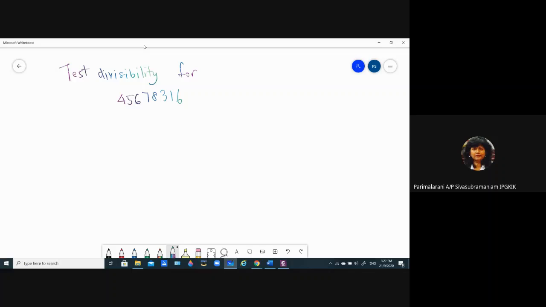Test divisibility for this number. That means you must tell me what numbers you can divide it by. So use the divisibility rule, okay? Not your calculators.